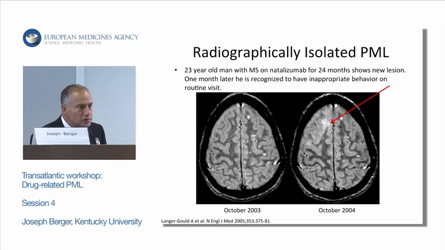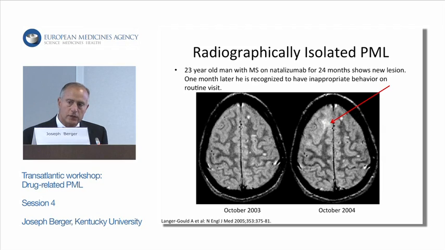This was one of the seminal cases reported in the New England Journal. It was reported by Annetta Langer Gould and colleagues, a 23-year-old man with MS on natalizumab for 24 months. At 24 months, he showed a new lesion. So on the left side, you see that there's nothing here in the right frontal lobe, but a year later, when they do a routine follow-up MRI, they see this lesion here.